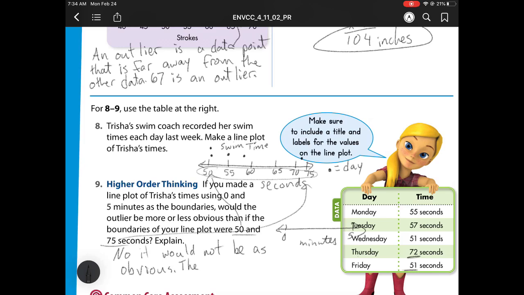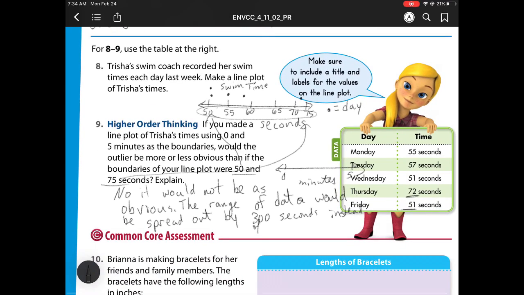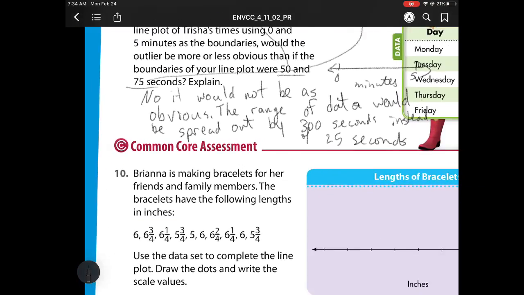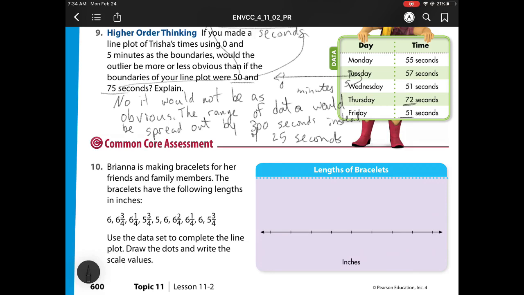So I'm going to put the range of data would be spread out by 300 seconds instead of 25 seconds. So that means all these dots are actually going to appear closer together because there are more numbers that I'd be looking at. Okay, number 10.